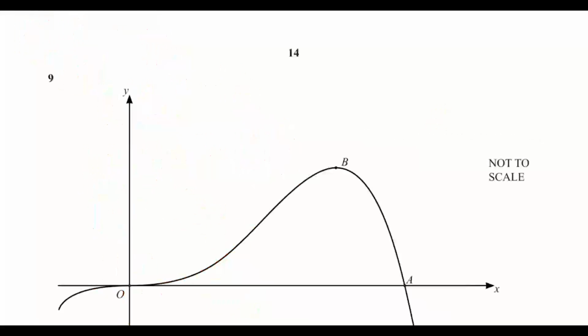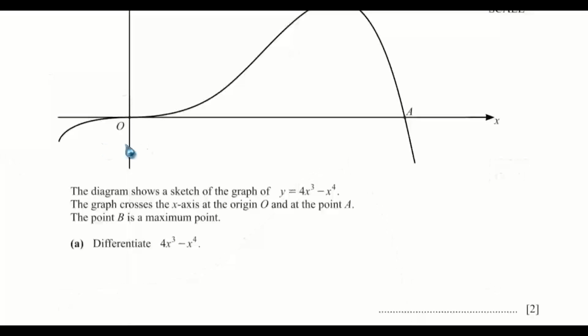So let's go to the next question. That will be question 9. The diagram shows a sketch of the graph of y equals 4x to the power of 3 minus x to the power of 4. The graph crosses the x-axis at the origin, point O, and at the point A. The point B is a maximum point. Differentiate 4x cubed minus x to the power of 4.